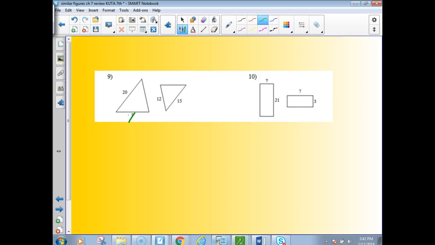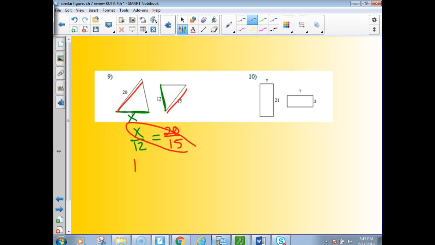Number 9, put an X on here. Now I want to really be careful here because it's hard to determine the way the triangles are turned, which sides correspond. The X actually is the shorter side on this one, so it corresponds to the 12 on the other one. So X over 12 equals 20 over 15.